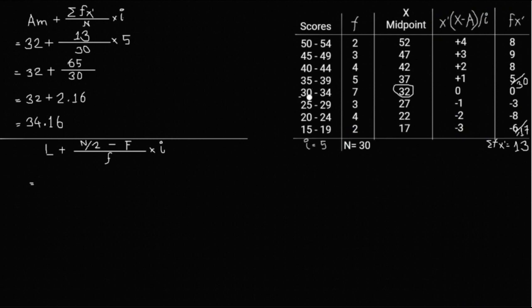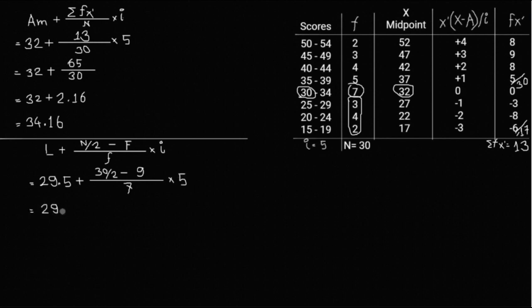So L: the class is 30 to 34, lower limit is 29.5, plus n is 30 divided by 2, minus capital F, total before the median class is 9, divided by small f, which is 7, into I, 5.